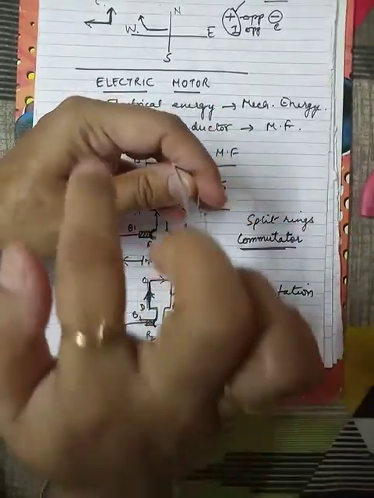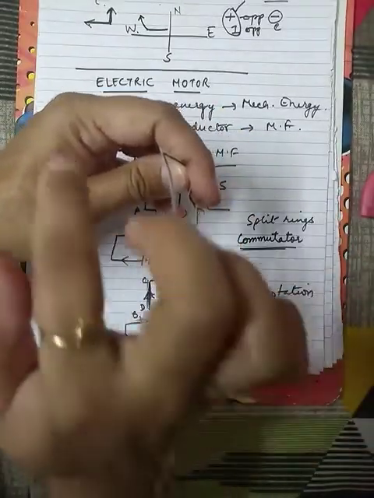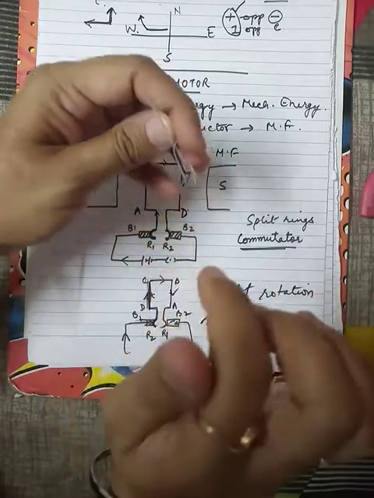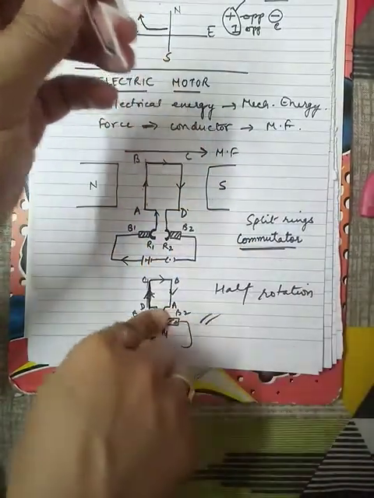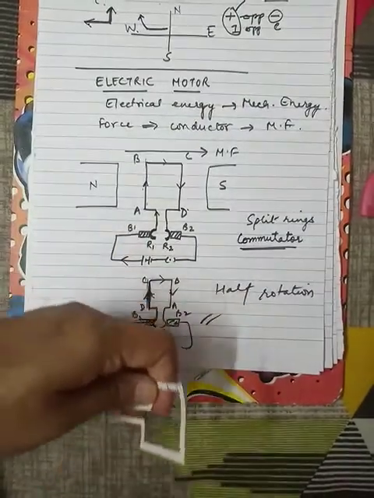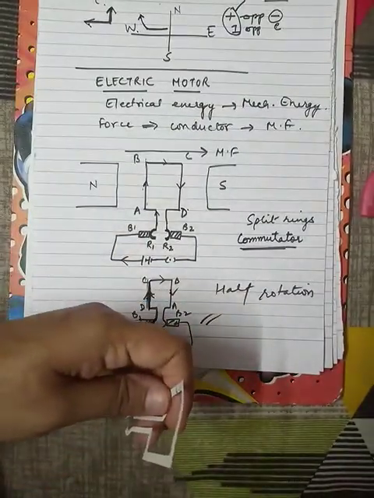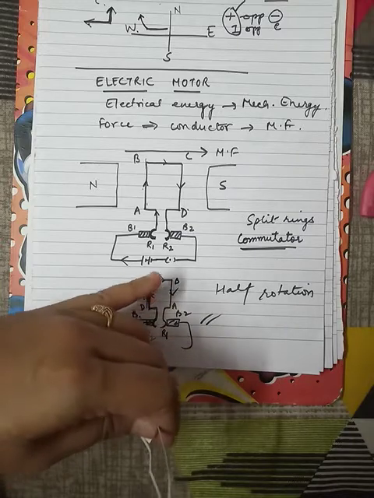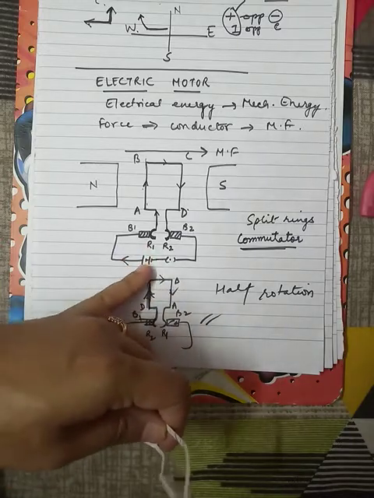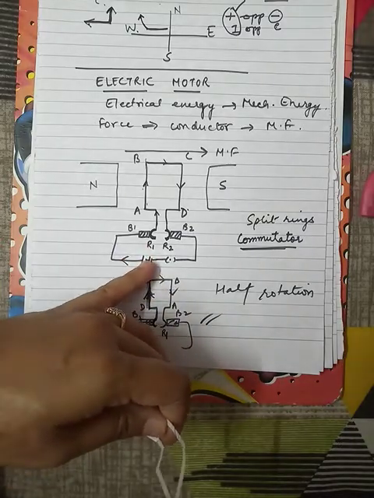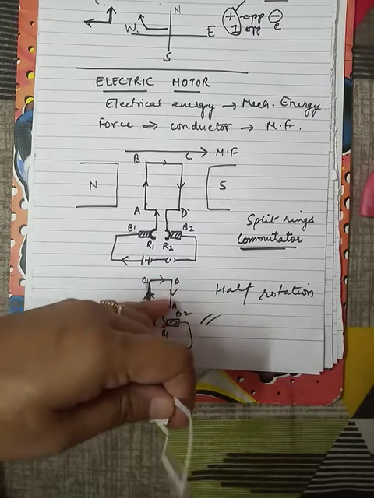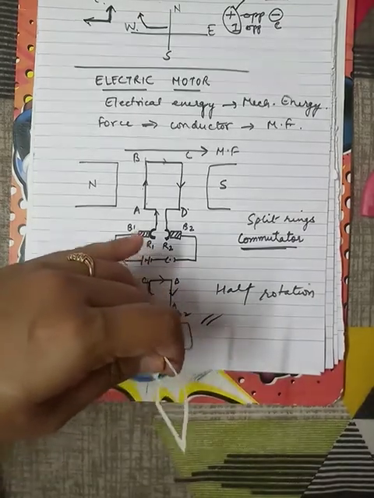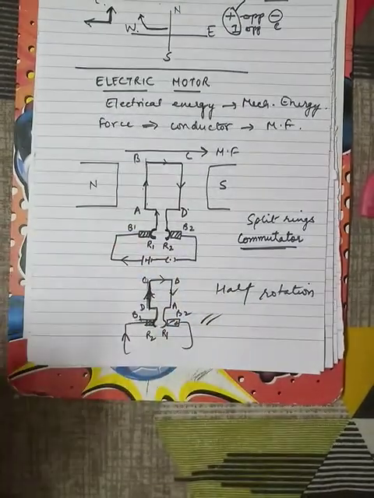It is moving in this direction, that is a clockwise direction. So clockwise rotation of the rectangular coil we can understand in this manner. If the current direction is reversed from the beginning, then it will become anti-clockwise rotation. So whatever we want, we can make the motor rotate.